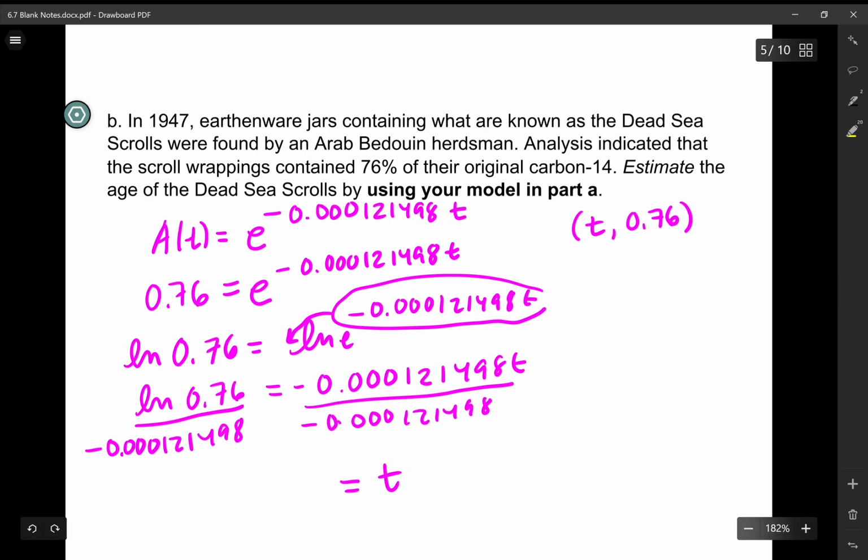So let's take the natural log of 0.76 and divide it by negative 0.000121498. And I get t equals 2,258.78. So 2,258 years old.